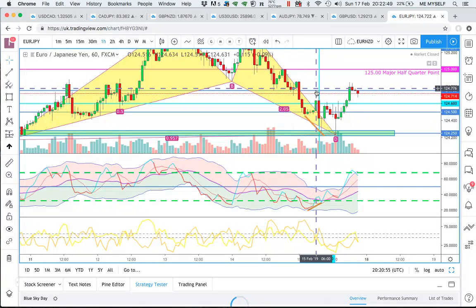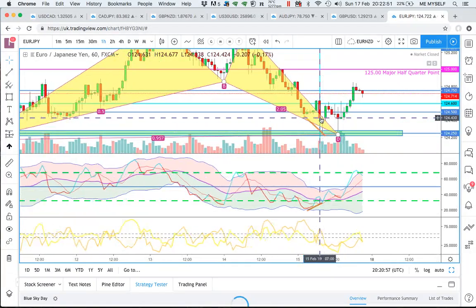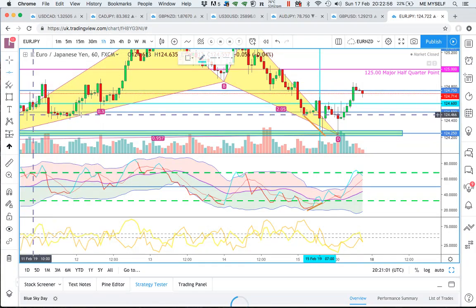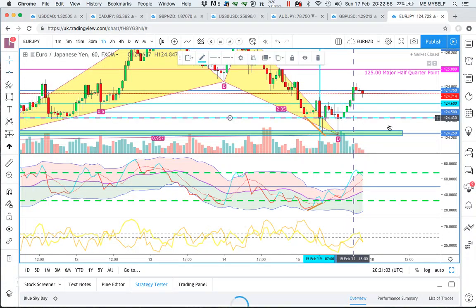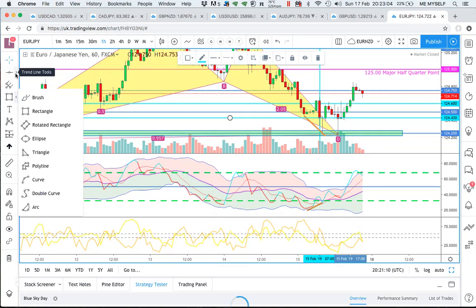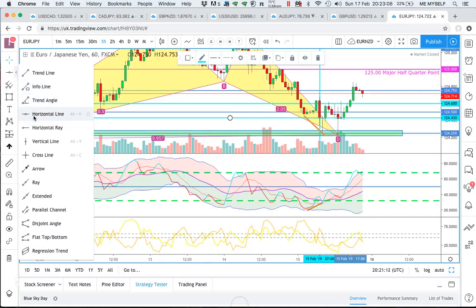Now, because we had this wick down and wick up, some people would have entered the market right here. So those are the people waiting for confirmations.